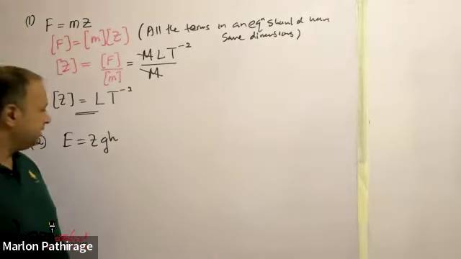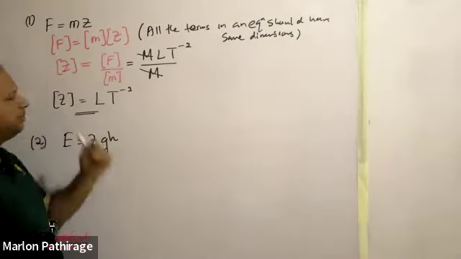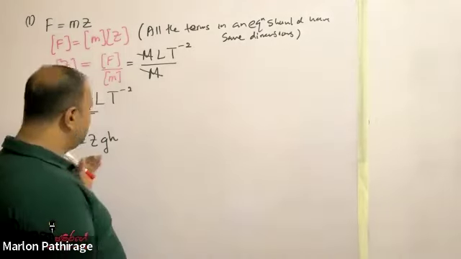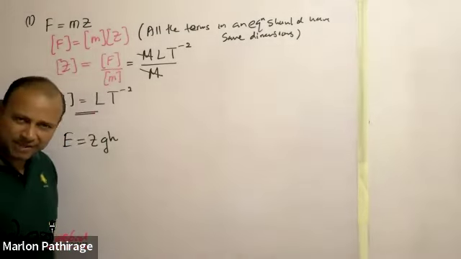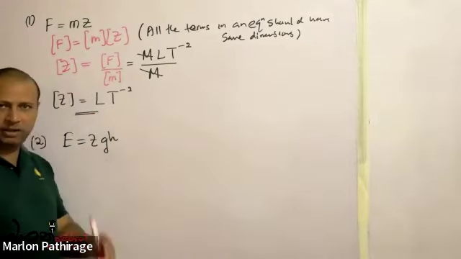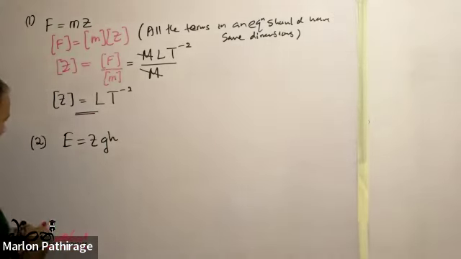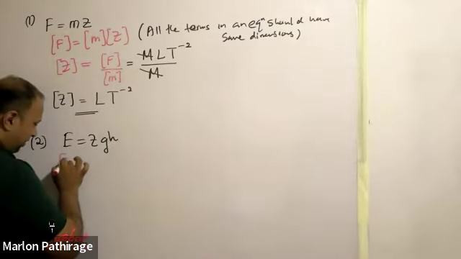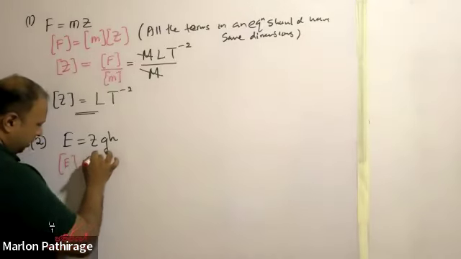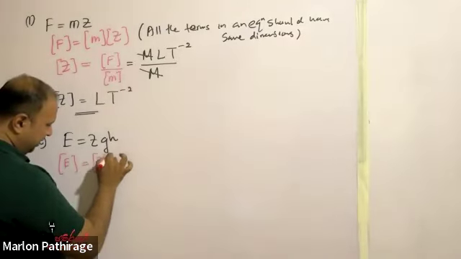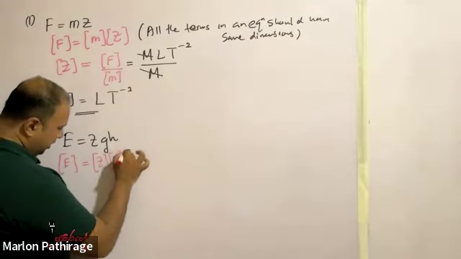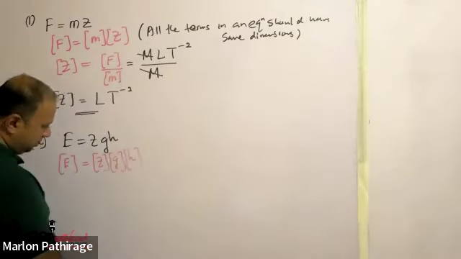Then again, you can use the first argument. All the terms in an equation should have same dimension. Based on that argument, you can write the dimension of E is equal to the dimension of Z into the dimension of G into the dimension of H.